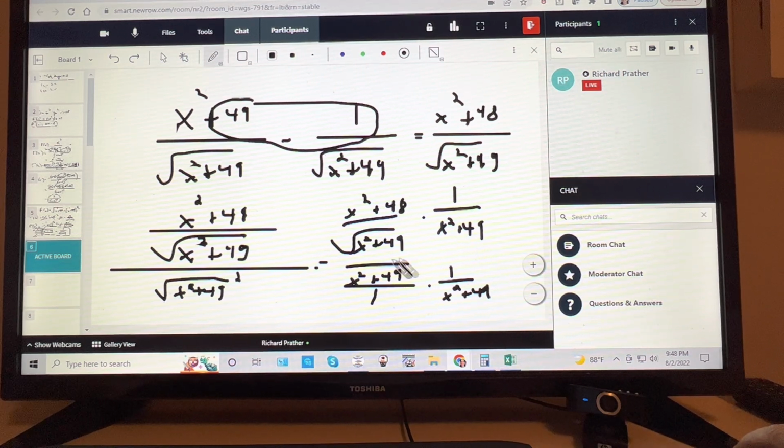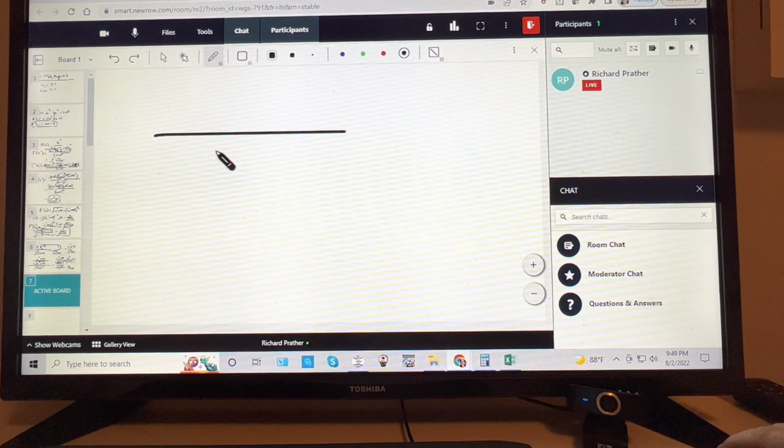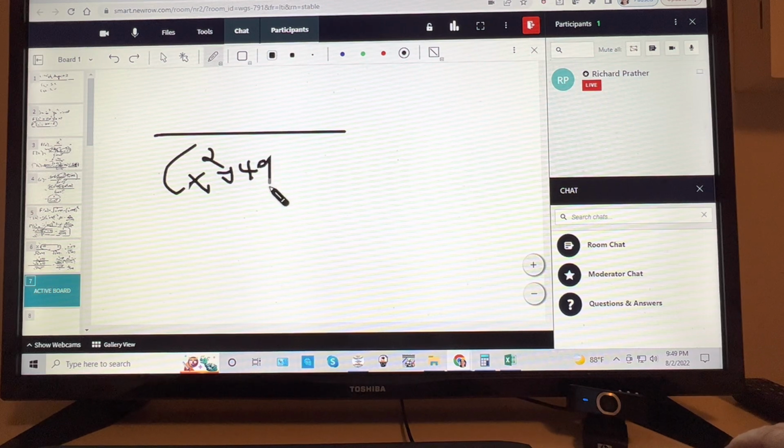And then since these two parts are the same, this one's to the first power, and this one's in essence to the 1/2 power. And a 1/2 plus a 1 is 3/2. 1/2 plus 2/2 is 3/2. So the final denominator is x squared plus 49 to the 3/2 power.